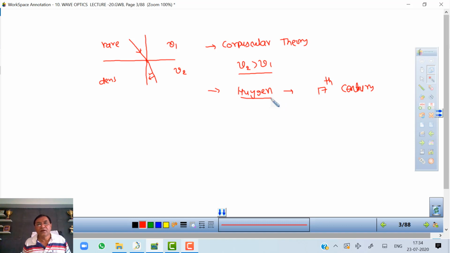You can read it. According to his theory, v2 is less than v1. If the light ray deviates toward the normal, it means velocity is less. And this is the fact.